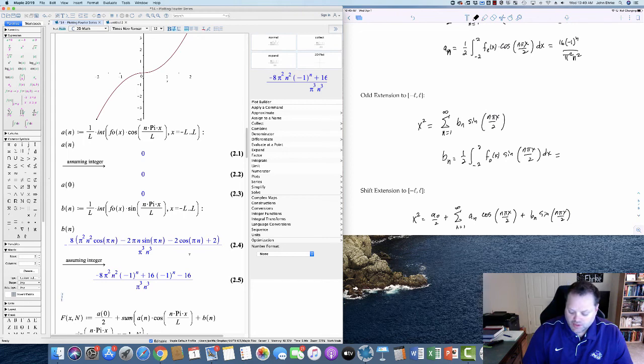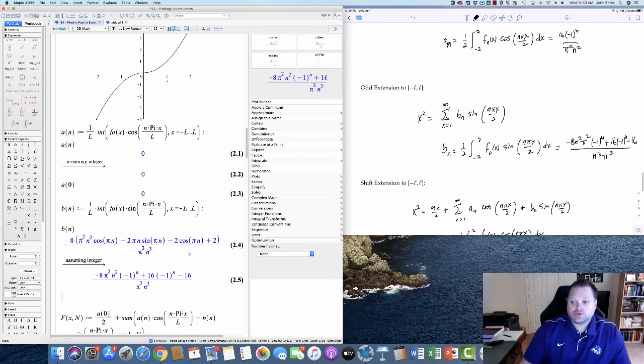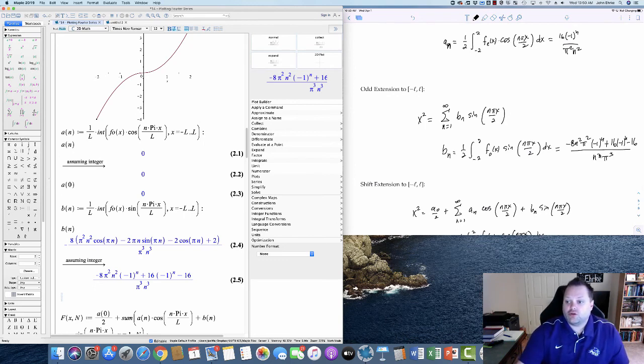So this ends up being -8 n squared pi squared, -1 to the n, plus 16, -1 to the n, minus 16, all over n cubed pi cubed. So those are the coefficients for the b n's that would go right here in the Fourier sine representation of this function.